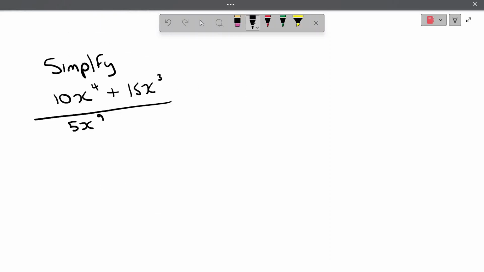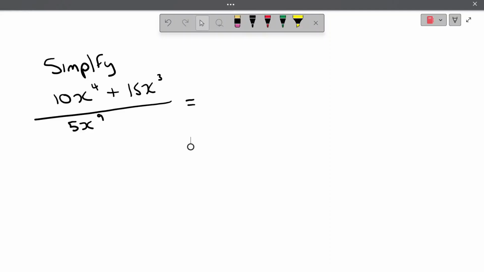So we might also have a question a bit like this. Now this is a little bit different. So we have 10x to the power of 4 plus 15x to the power of 3 over 5x to the power of 9. Now, we have dealt a little bit into this with indices a couple of exercises ago.